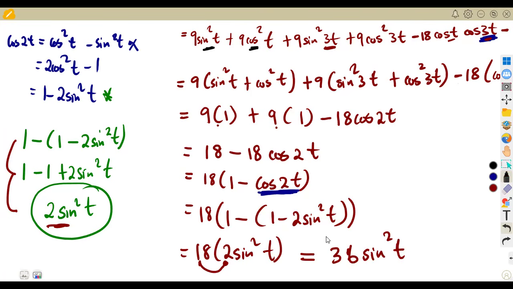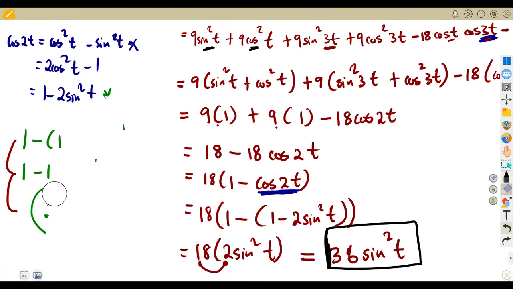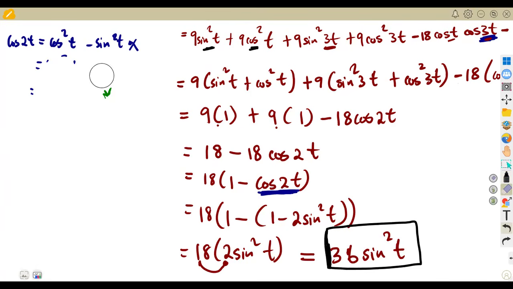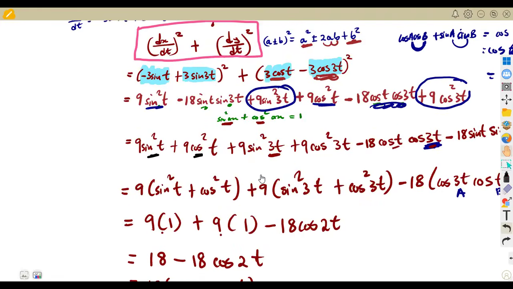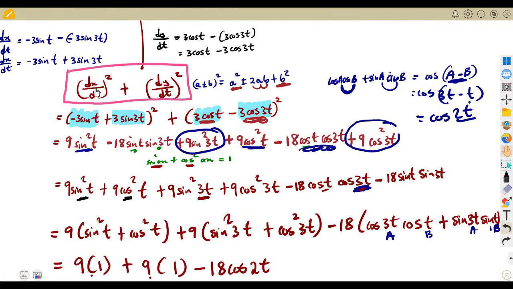We now have a single term that we can determine its square root. So this whole simplification, what was it for? To obtain this 36 sine squared t. This was from the combination of this dx dt squared plus dy dt squared.